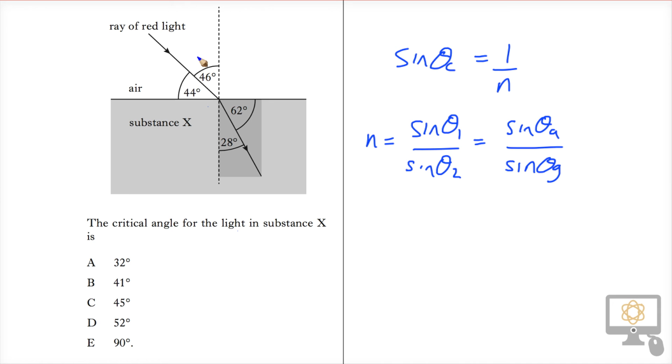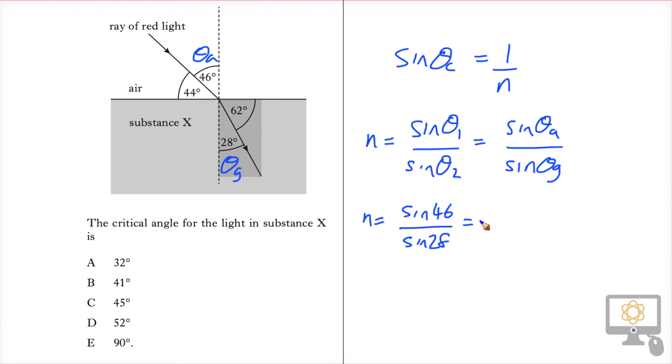And so this is the angle in the air, theta A, and this is the angle in, it's not glass, substance X. I'll just call it theta G, since I've labeled it theta G over here. So we plug those numbers in and we'll get a value for n. So n is the sine of 46 over the sine of 28.